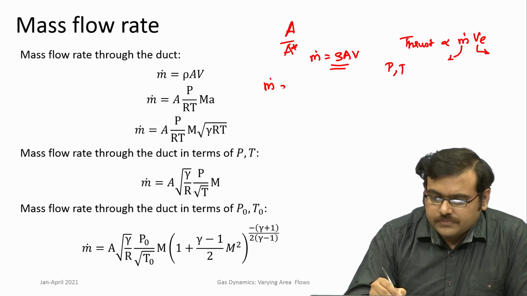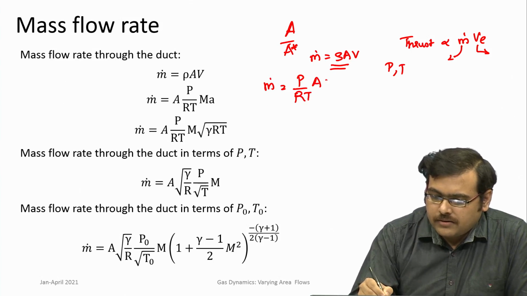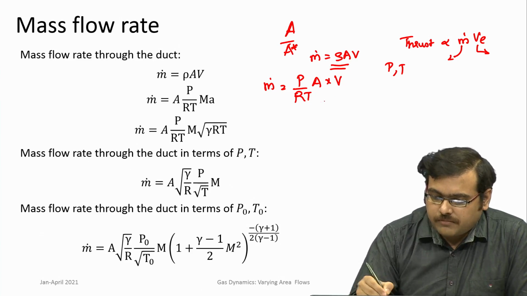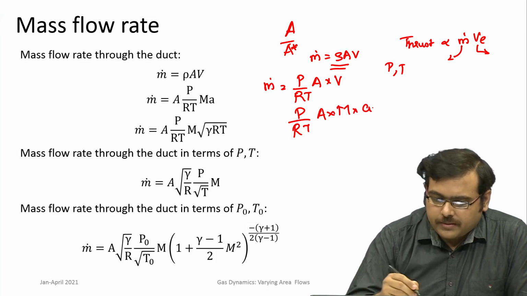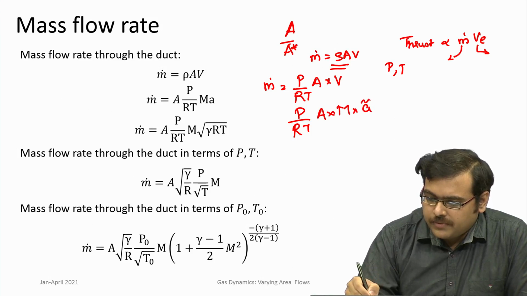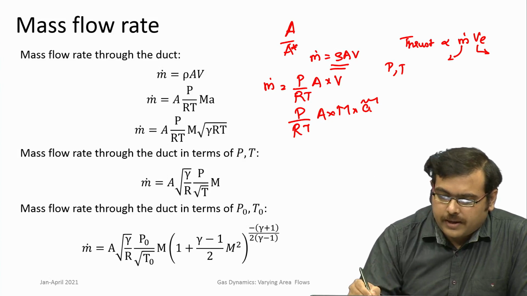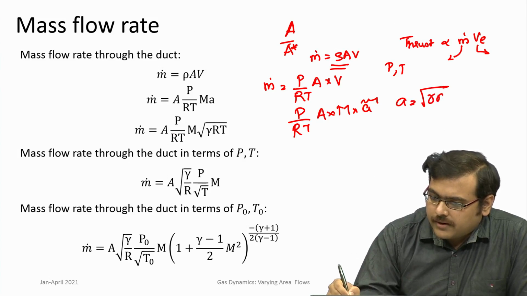It can be done, because rho is P by RT, multiplied by area multiplied by velocity. It is also useful to express velocity in terms of Mach number, so P by RT times the Mach number M multiplied by the acoustic speed a, multiplied by area A. And a is square root of gamma RT.